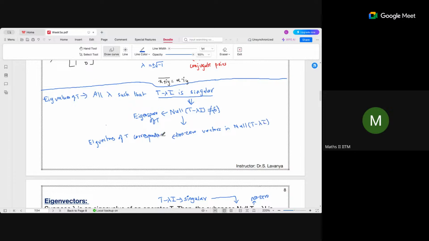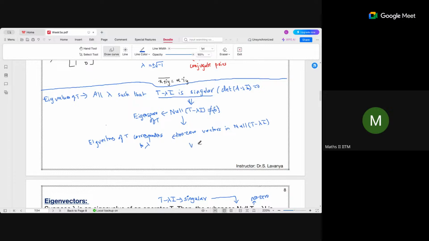Okay, when we do problems, you will understand it even better. So what are eigenvalues? All lambda such that T minus lambda I is singular. Because of singularity, we have determinant of A minus lambda I equal to 0. This is what we are using. Now, because it is singular, the null space is non-zero, and this null space is the eigenspace. And all non-zero vectors in this null space are called the eigenvectors of T corresponding to lambda.